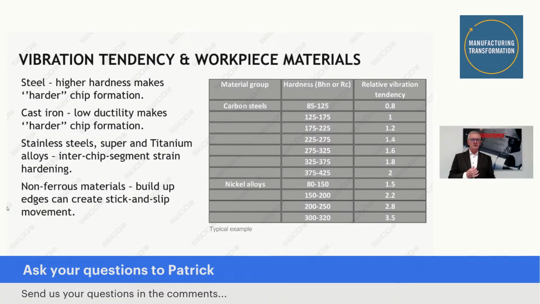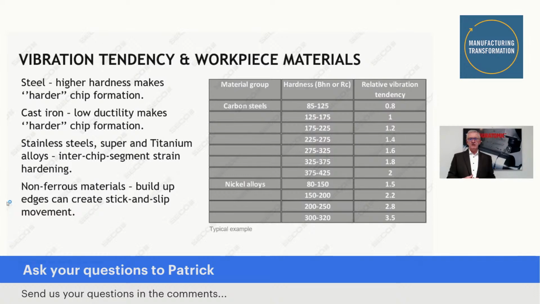Be aware that in case of cast iron, you will always have micro vibrations, and that's the reason why you have, relatively seen, so many broken cutting edges. Stainless steel, superalloys, titanium alloys, due to strain hardening phenomena, there will be micro vibrations. That's why in those types of materials, if you look at cutting edges, you have quite a lot of chipping due to this effect.